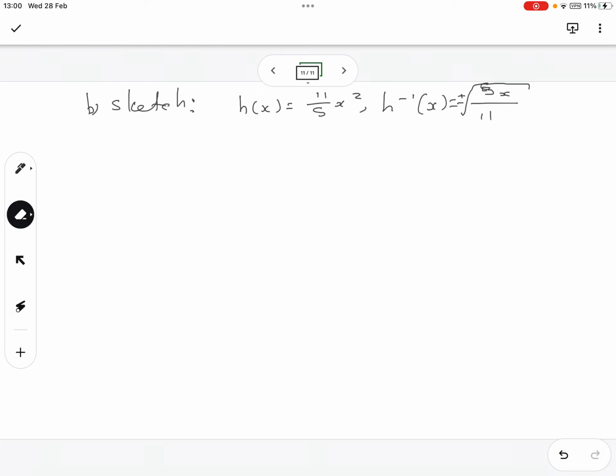Yeah, like that. Okay, maybe let me make this look neater.